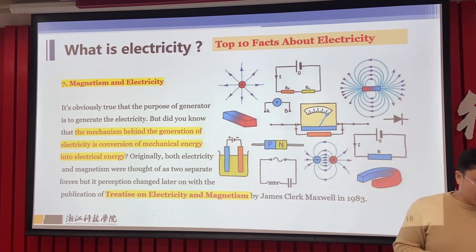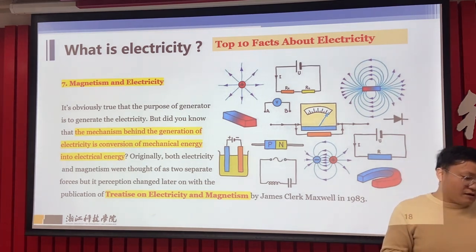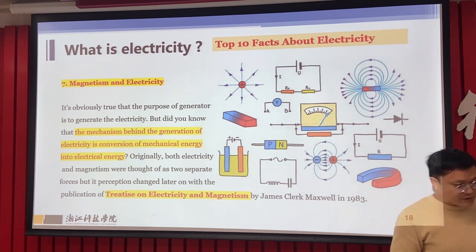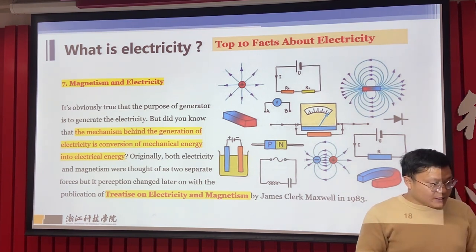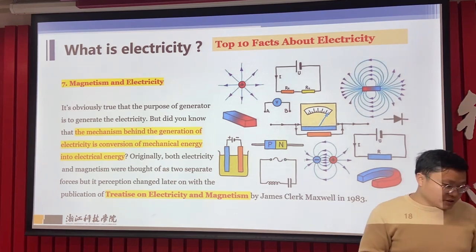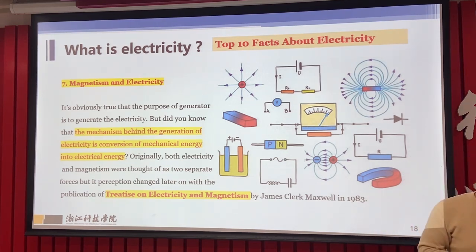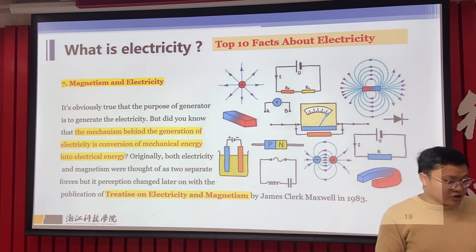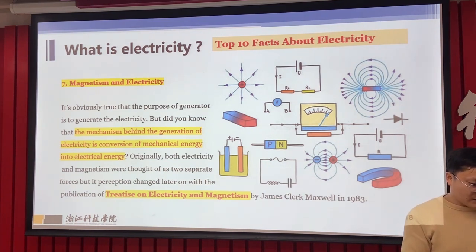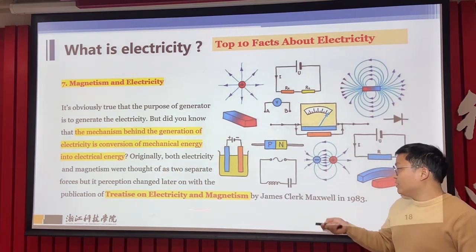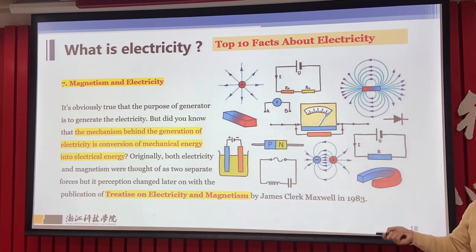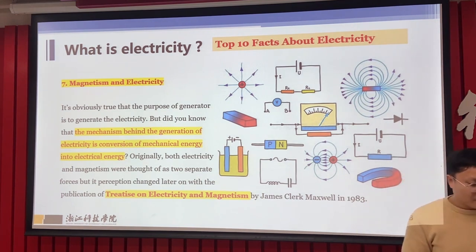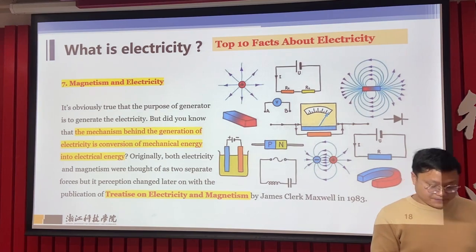Originally, both electricity and magnetism were thought of as two separate forces, but this perception changed later on with the publication of a famous book by James Clerk Maxwell in 1983. It's the magnetism and electricity.